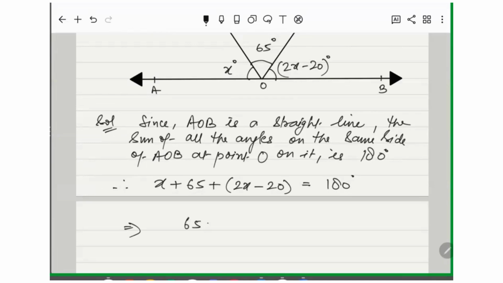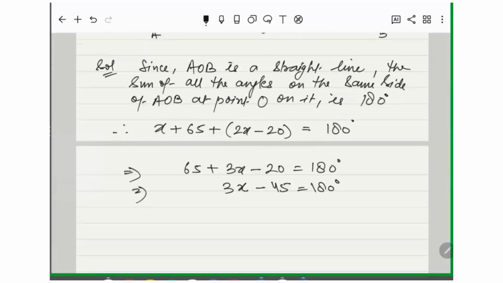So this is 65, my mistake. 2X and X will become 3X minus 20 is equal to 180 degrees, right? 65 minus 20 is 45, so 3X minus 45 is equal to 180 degrees.